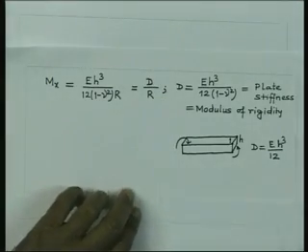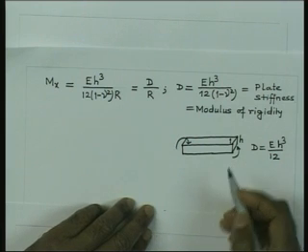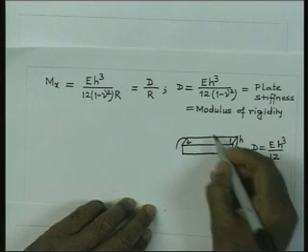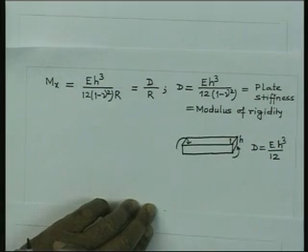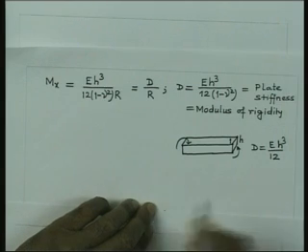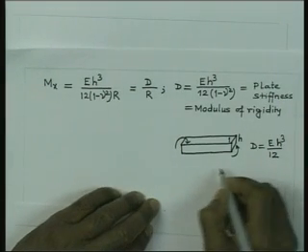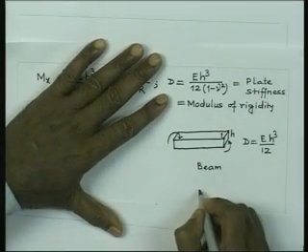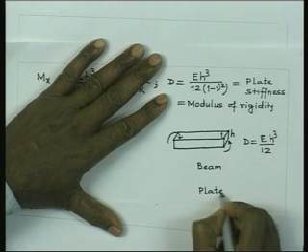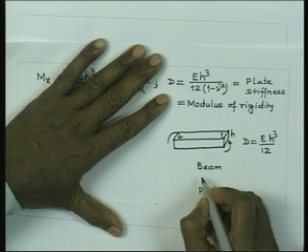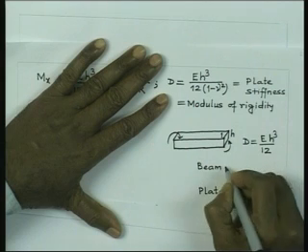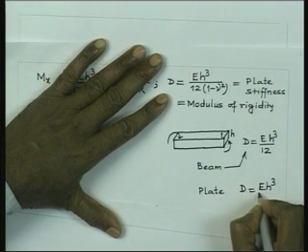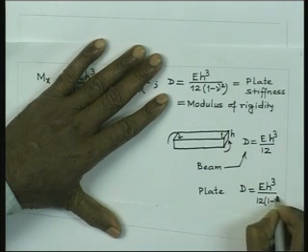But on the other hand, if this is a part of a plate, then we find that these faces are not free of any stress, and the plate gets extra rigidity. So, this is beam, and in the case of a plate we get extra rigidity, and this D is now equal to E h cube by 12 into 1 minus nu square.